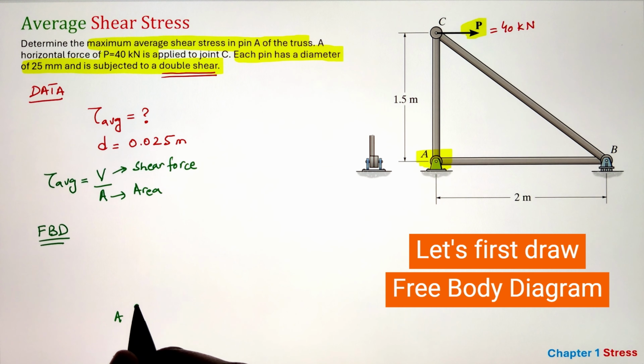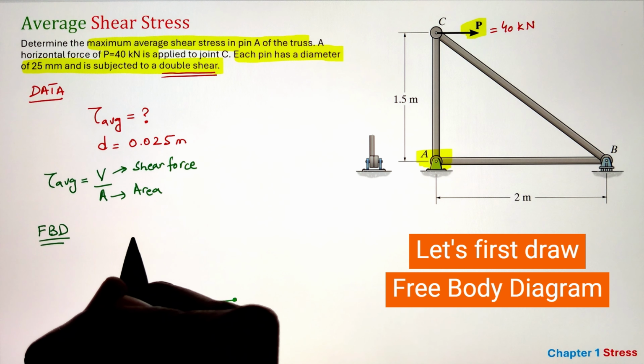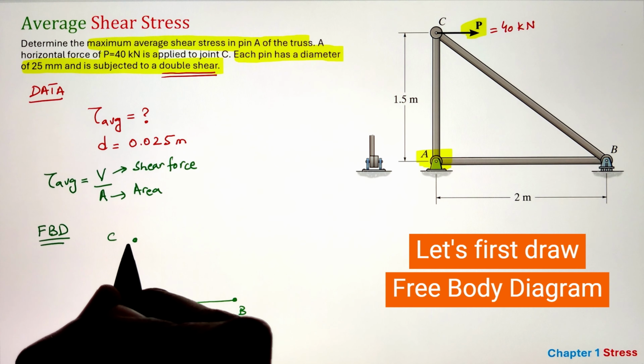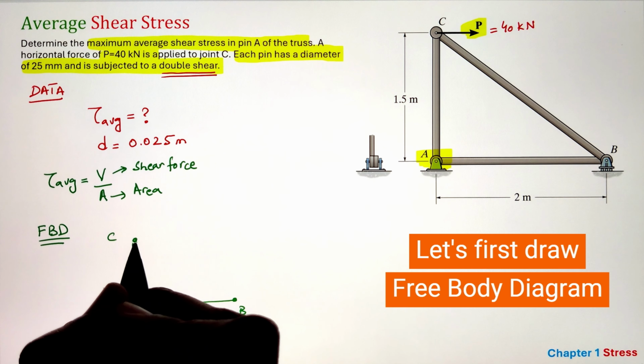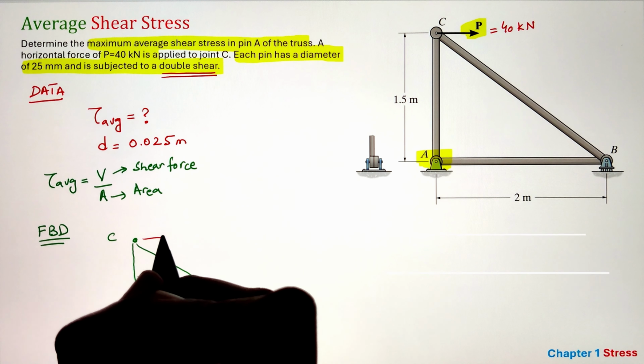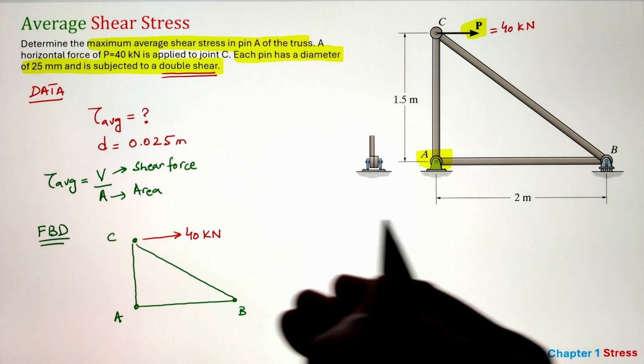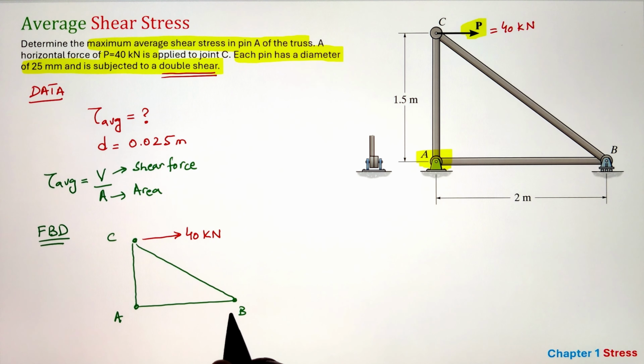Now to calculate our shear force at pin A, first of all, we have to figure out the resultant force acting at pin A. So to do that, let's first draw our free body diagram. Here, an external force of 40 kilonewtons is applied at joint C, whereas at joint B, we have a roller support.